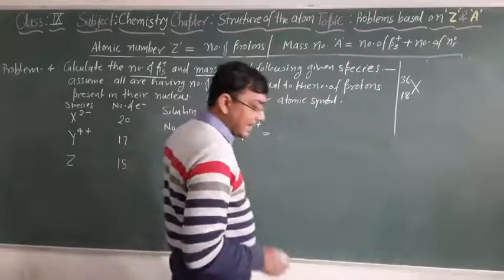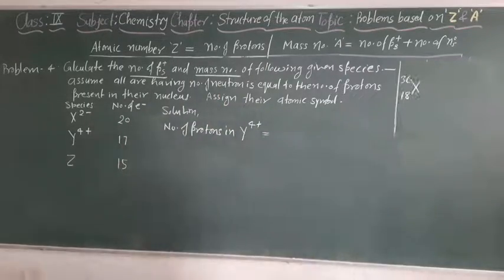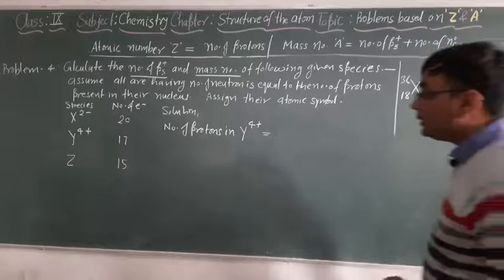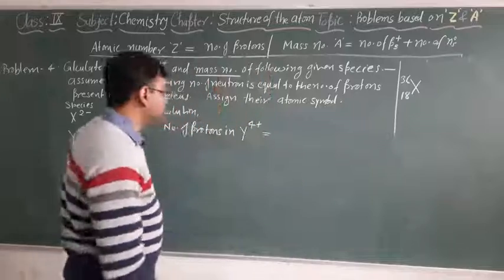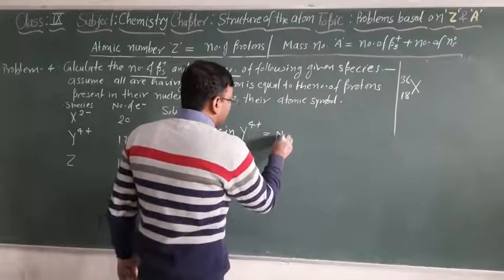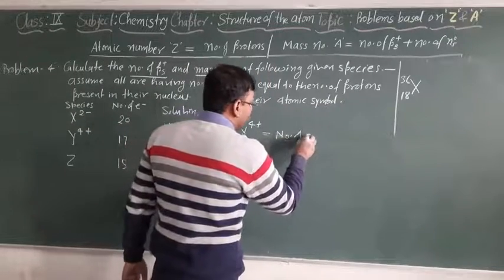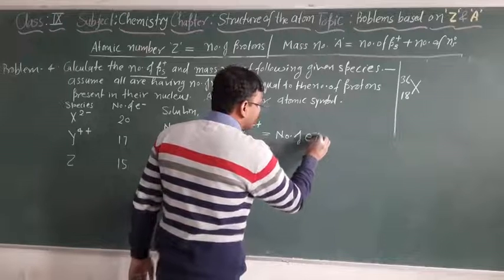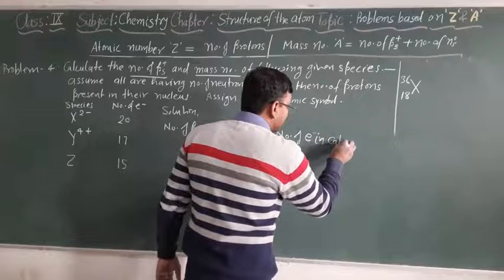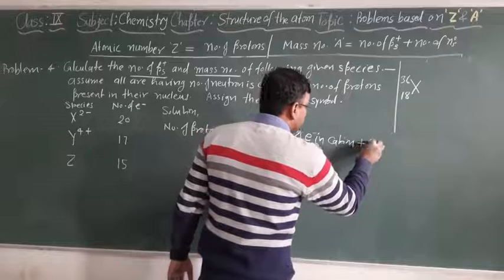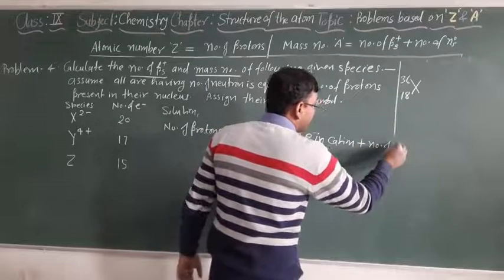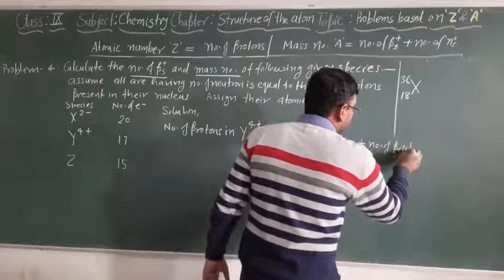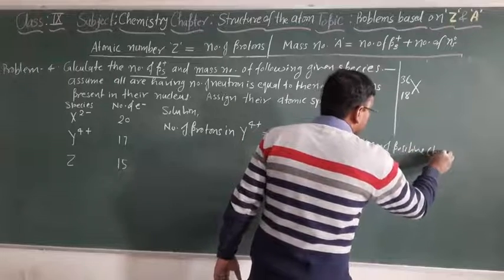Number of protons in Y 4 plus, for that we can write: number of electrons in cation plus number of positive charge.